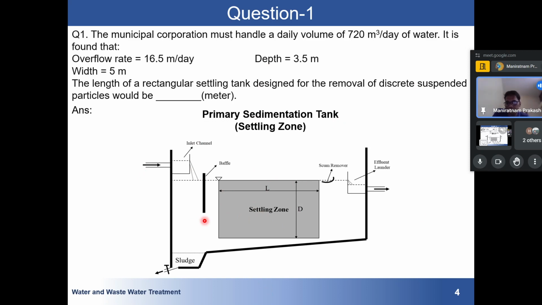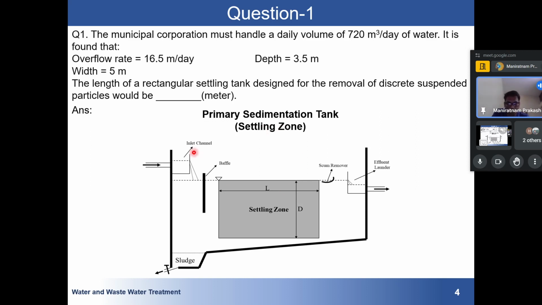Remember why we are studying this. Our main aim is to learn how to design a primary sedimentation tank. Whatever unit you study in this and upcoming lectures, you should have an idea of how to design one. If you visit a water treatment or wastewater treatment plant, you should have an idea of what you will see: there is some space or gap, water is flowing from here to there, and you should understand why it has been designed in such a way.